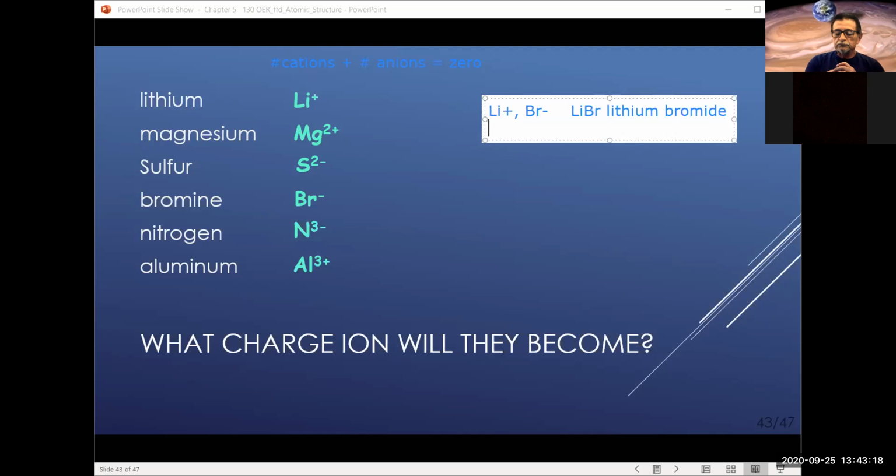Now, we can combine lithium, same example, with sulfide. Bear in mind that I don't have subscript here. I can combine them, but remember this, I have to add enough cations plus enough anions to equal 0. So how many lithiums do I need to cancel out the -2 of sulfide?